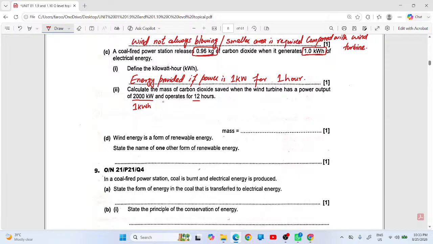If the power station is generating an electrical energy of 1000 watt hour, it will produce 0.96 kg of carbon dioxide.